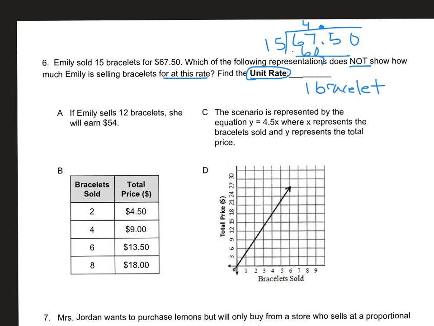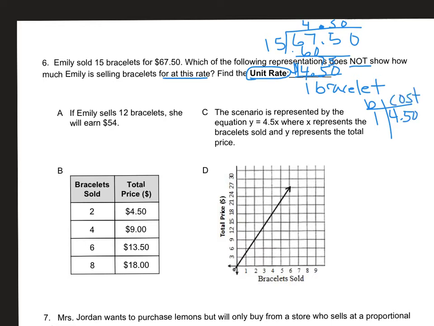So when I divide that, I get $4.50 for one bracelet. That means one bracelet is going to cost me, let me just set up my table, $4.50.